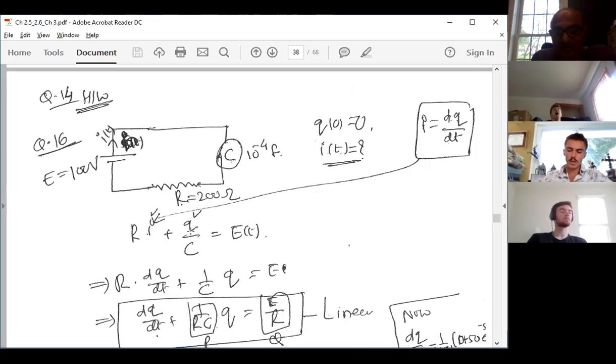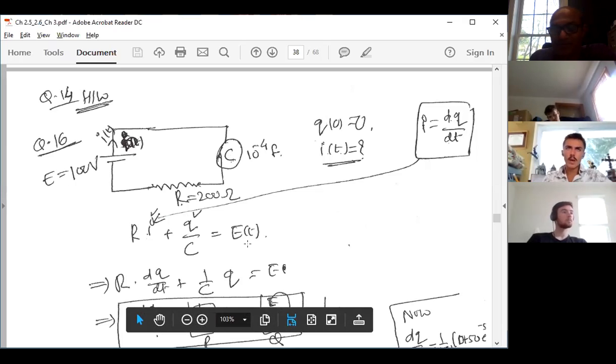Good. Now look here. The relationship between the current I and the charge Q in coulombs is given by I equal to dq by dt. Again, physics law, Kirchhoff's law: the voltage across the capacitor is given by Q over C, the voltage across the resistance is given by Ri, and the sum is equal to E(t).